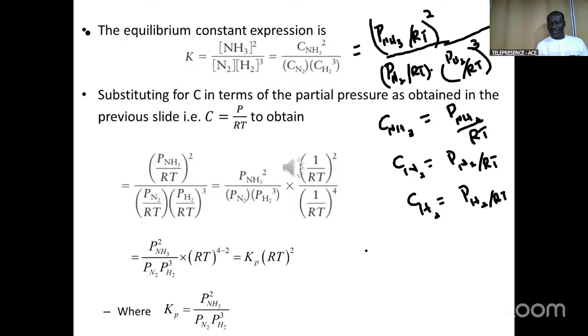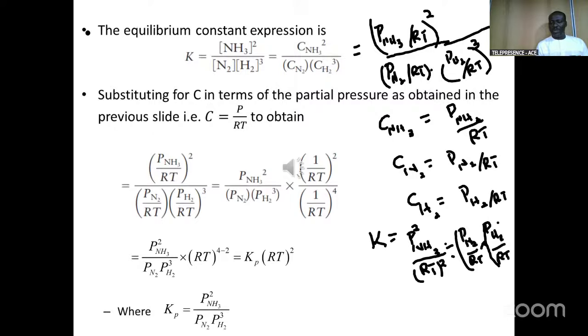If we rearrange this, K will be equal to P of ammonia squared over RT squared, divided by P N2 over RT times P H2 over RT all cubed, all raised to the power 3.